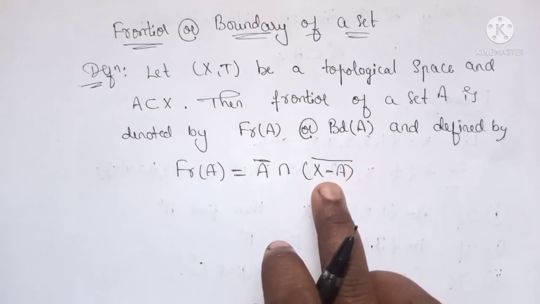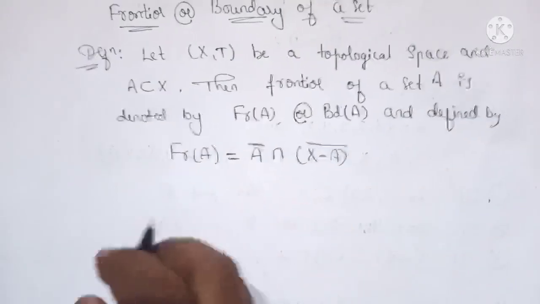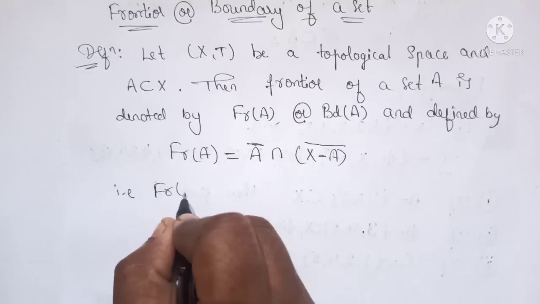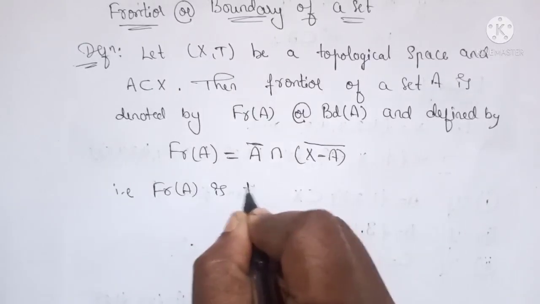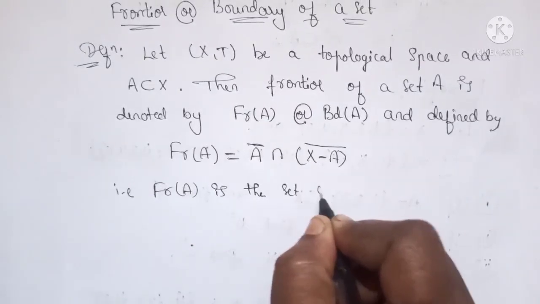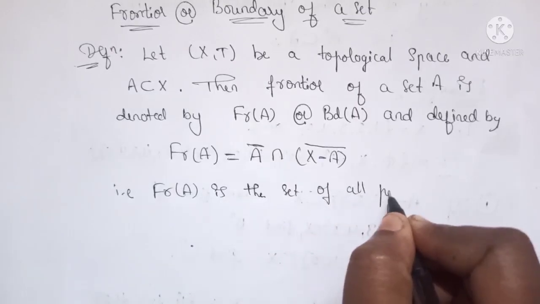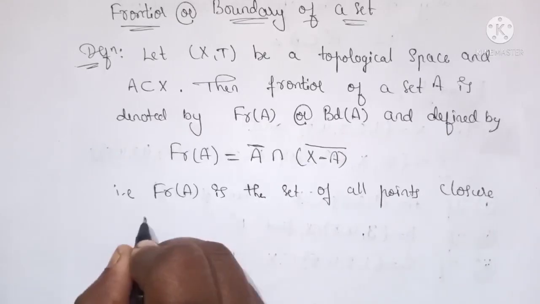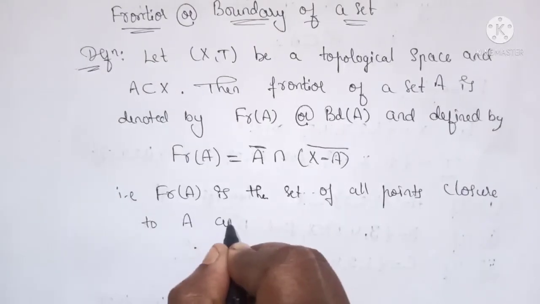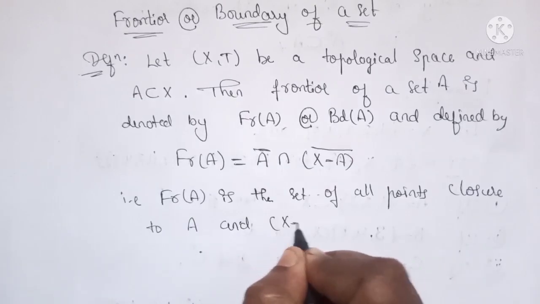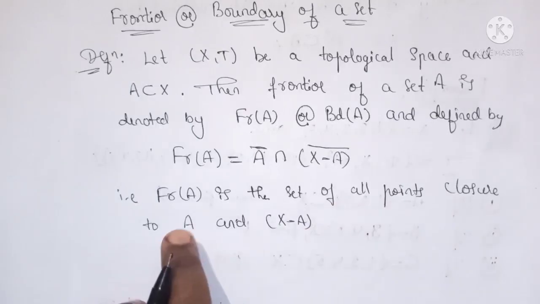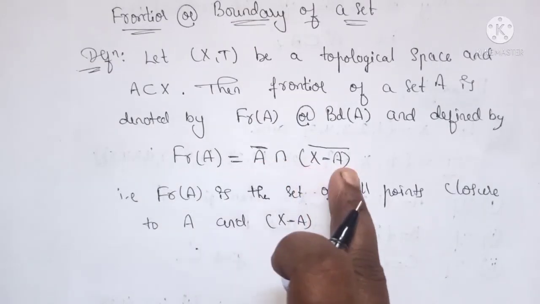X minus A means complement of A. So frontier of A is the set of all points closer to A and X minus A. It is the set of all those points which are closer to this A and X minus A.